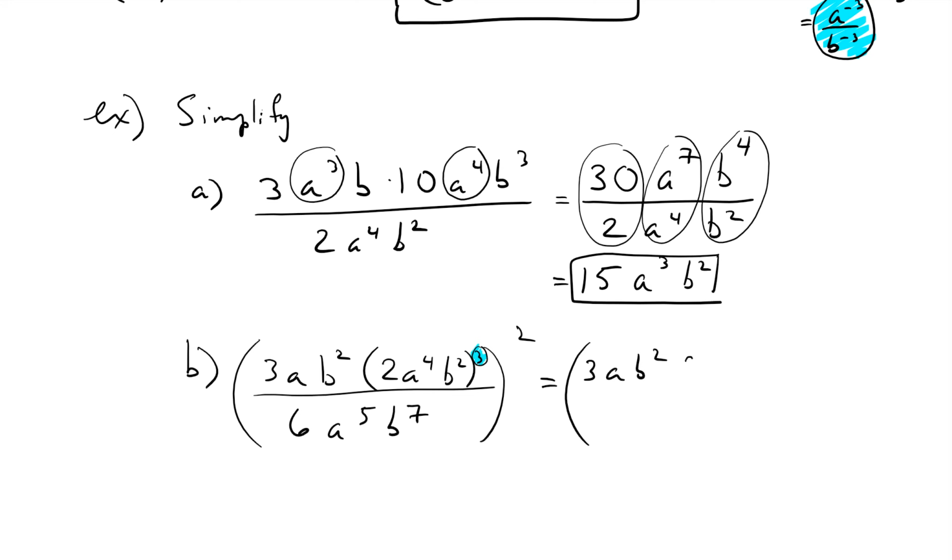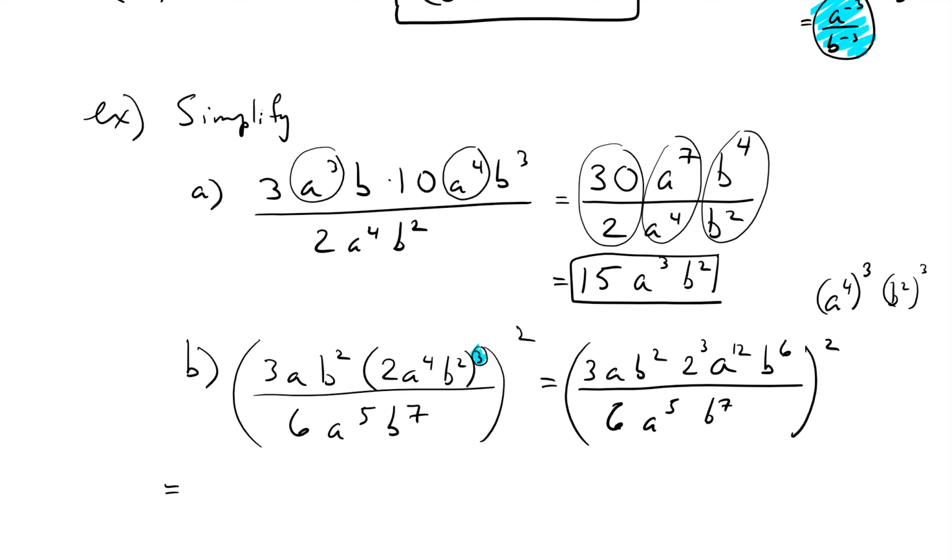I'm going to distribute that 3, so that's 2 to the 3. What I have here is a to the 4, and I distribute the 3, so it's a to the 4 cubed. So that's a to the 4 times 3, so it's a to the 12. So here you multiply them, right? 3 times 4, 12. And same goes with the b squared when it's raised to the power 3. That's the same as b to the 2 times 3, so b to the 6. And all that is divided by 6, a to the 5, b to the 7.